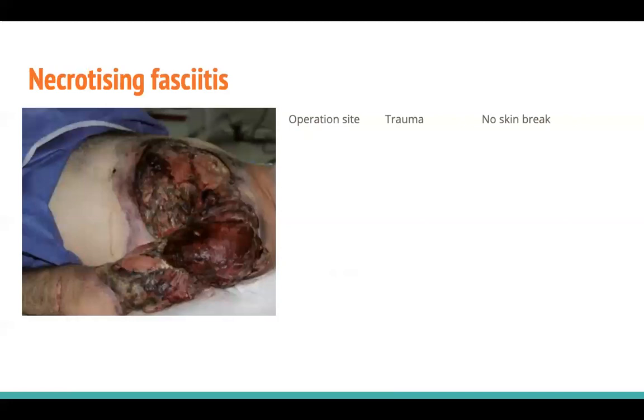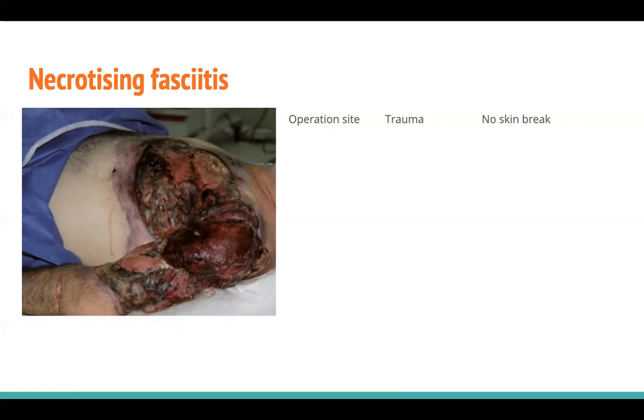There are 2 groups of bugs that can cause necrotizing fasciitis. The first group is usually a mixed group of anaerobes and aerobes. We've got lots of odd names, and this is the most common. It's most commonly seen within post-op patients and diabetic patients. The second type of bug that can cause it is strep pyogenes.